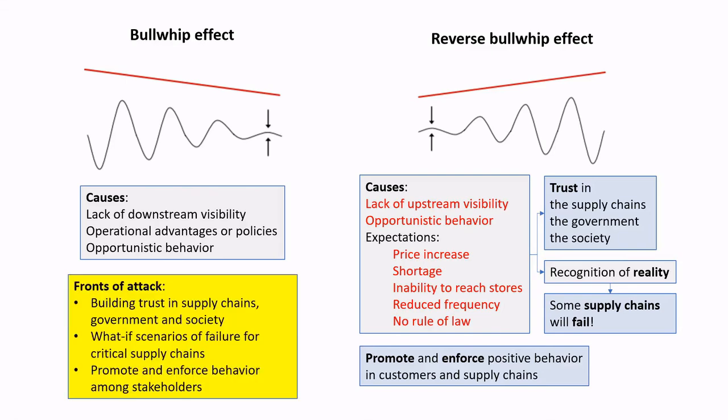And so I would say that in order to reduce this negative effect of the reverse bullwhip effect, there are three fronts of attack. First, you need to work on building trust in supply chains, governments, and society. This is very hard. It is not an easy thing to do. If you're a weak government, well, you need to work a lot.